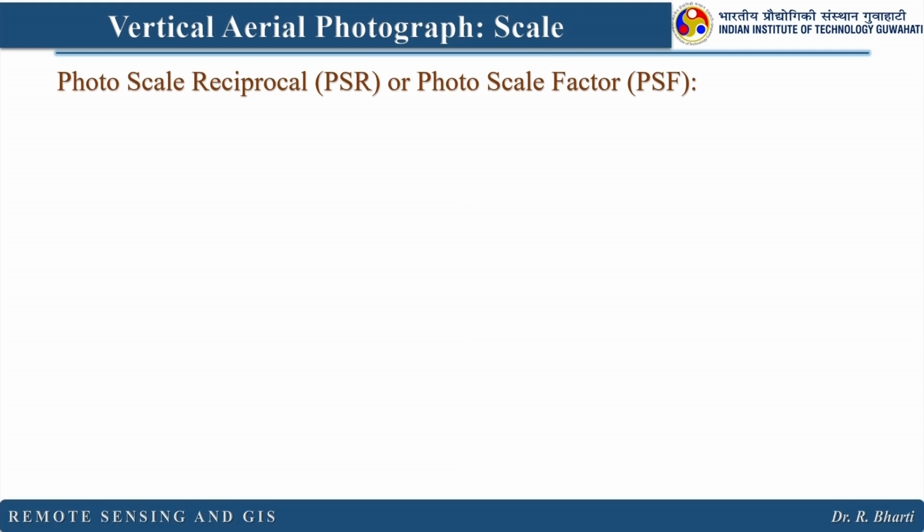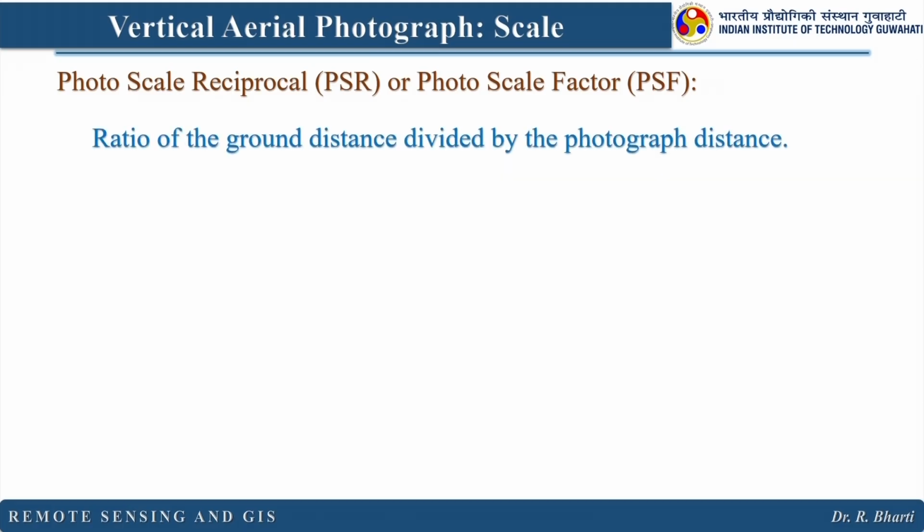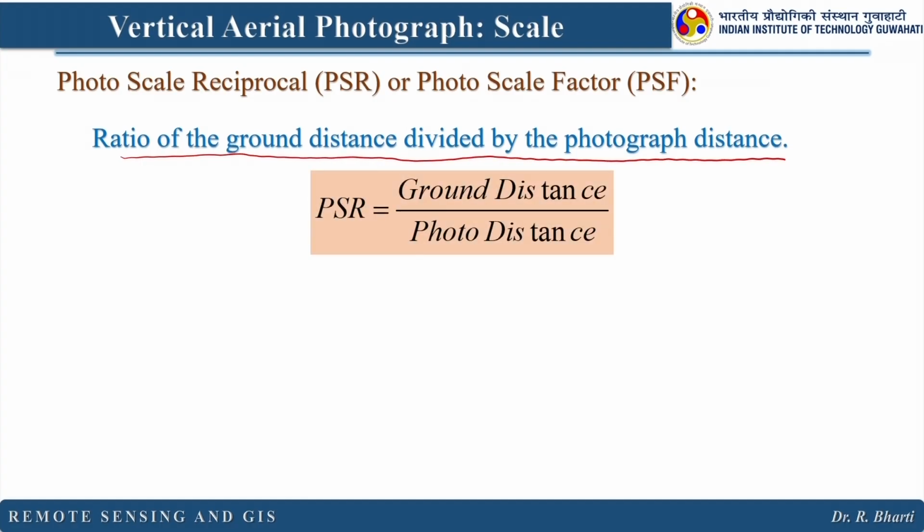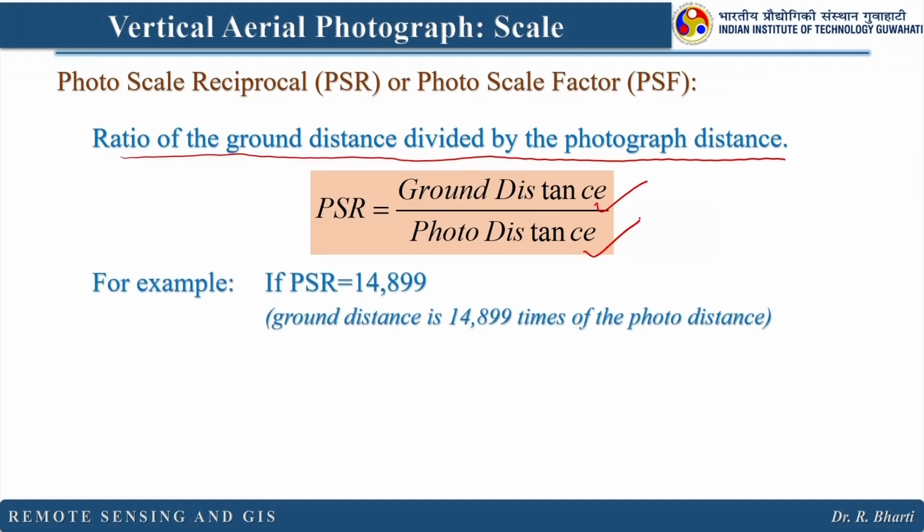The next scale is photo scale reciprocal, known as PSR, or photo scale factor, that is PSF. This is basically the ratio of the ground distance divided by the photograph distance. So PSR is ground distance by photo distance. For example, if PSR is 14,899, that means the ground distance is 14,899 times the photo distance.